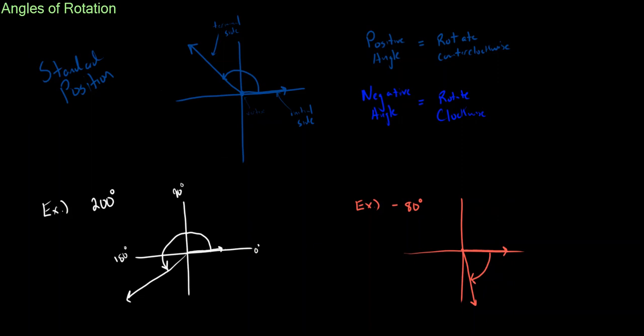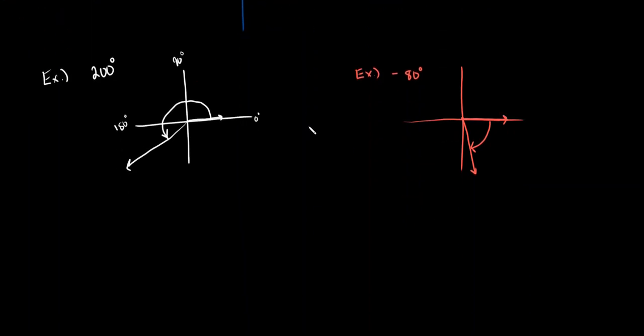Now another thing we have to talk about is what if we have a particularly large angle? For example, let's say I wanted to draw an angle of 500 degrees. Well, I would do roughly the exact same thing. I would have my vertex at the origin.